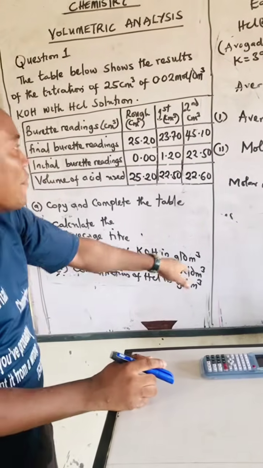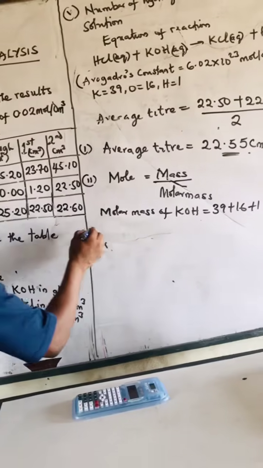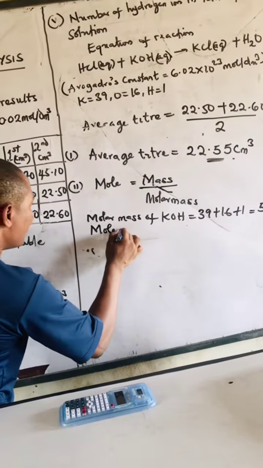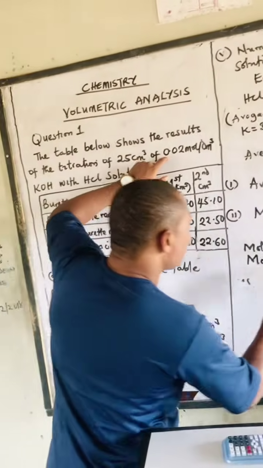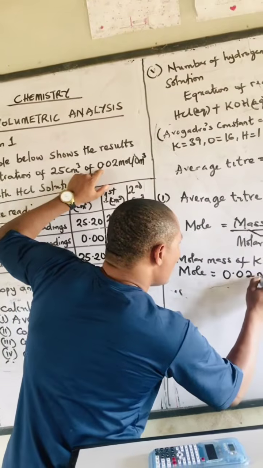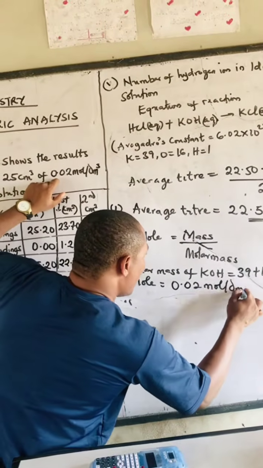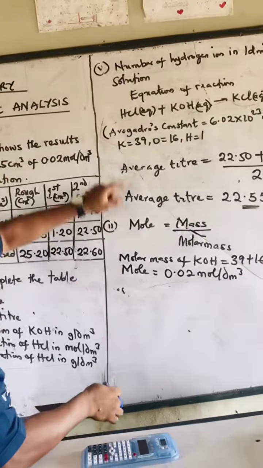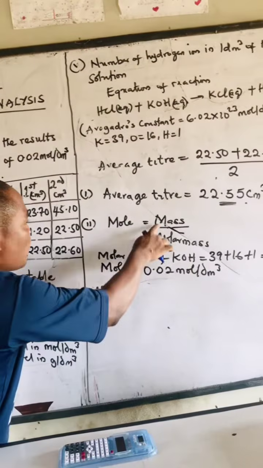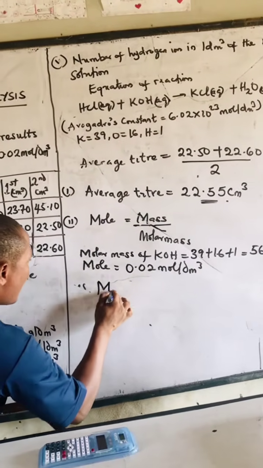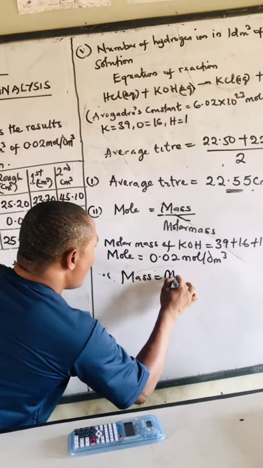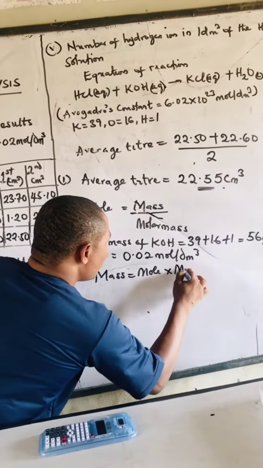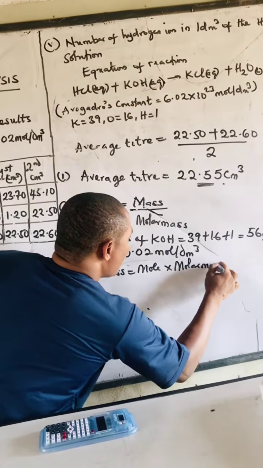Don't forget that we are looking for the concentration of KOH in gram per dm cube. They are giving us the mole already to be 0.02 mole per dm cube. Can you see that? So if I'm looking for my mass now, I have to make mass the subject of formula. So my mass equals my mole times molar mass.